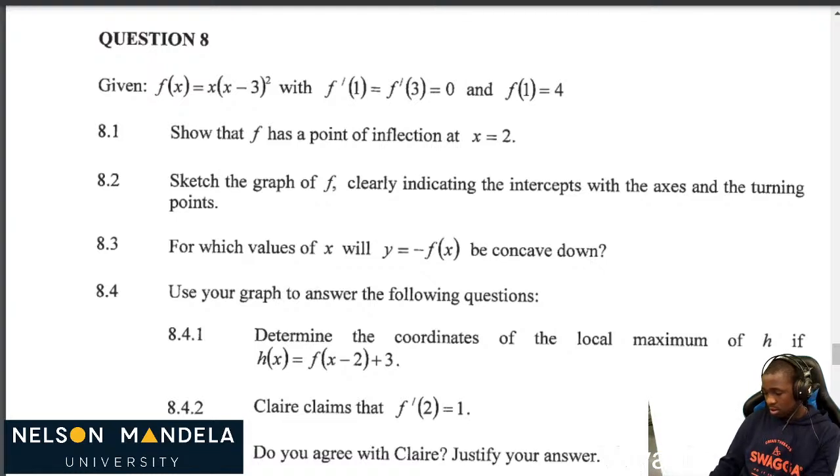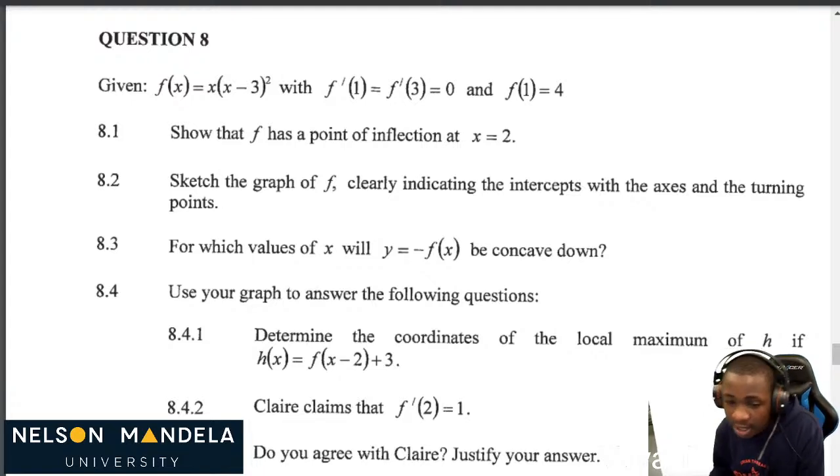Then therefore we can now say y equal to negative f of x, which is the reflection along the x-axis, will concave down at x greater than 2.